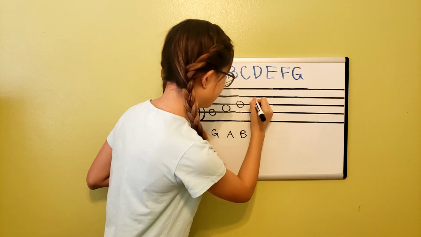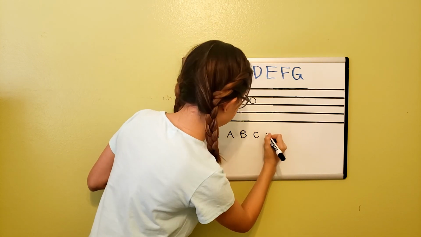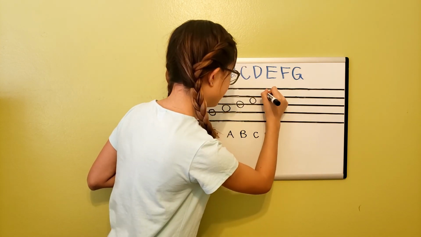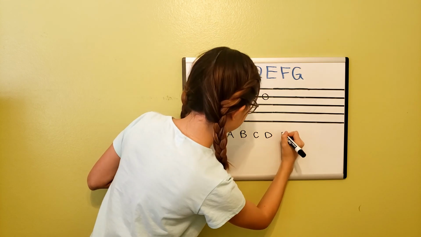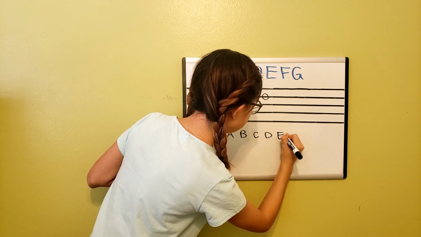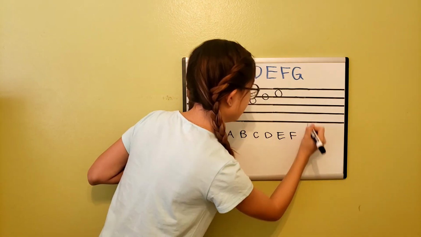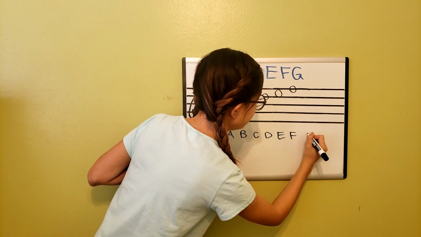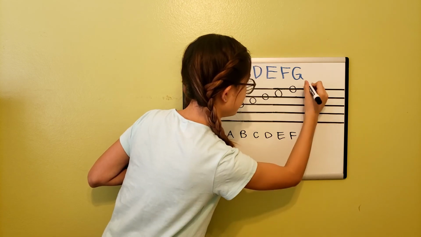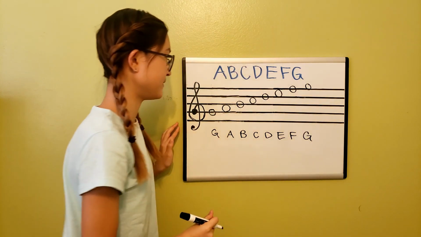For C, we're on the next space. Same thing for D, on the line. E, on the space. F, on the line. And finally, G right here.